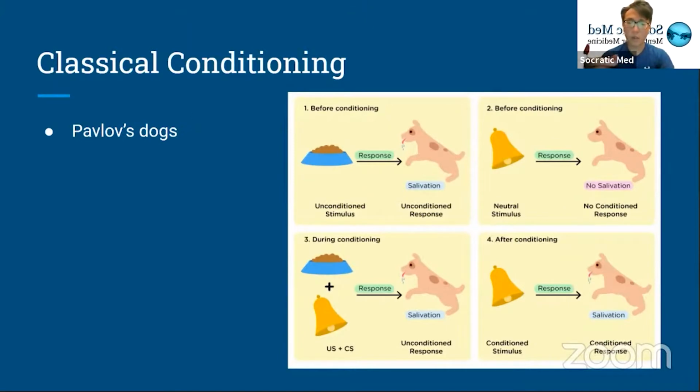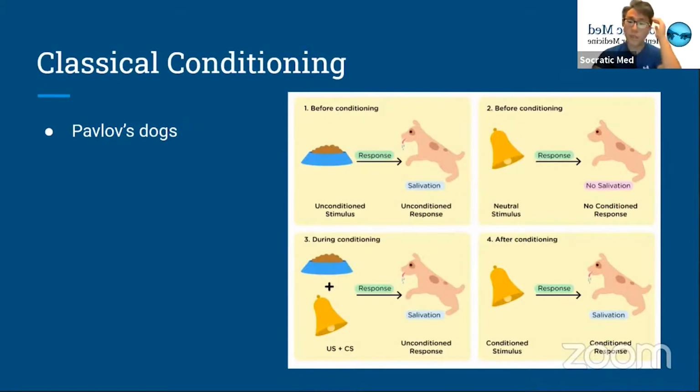So now the bell has become a conditioned stimulus. After conditioning, a bell, which would normally be a neutral stimulus because it causes no effect to the dog, has become a conditioned stimulus because the dog starts salivating whenever he or she hears the bell being rung.